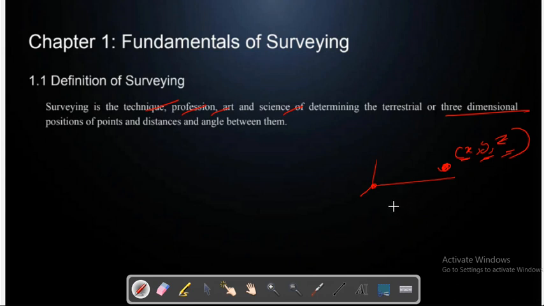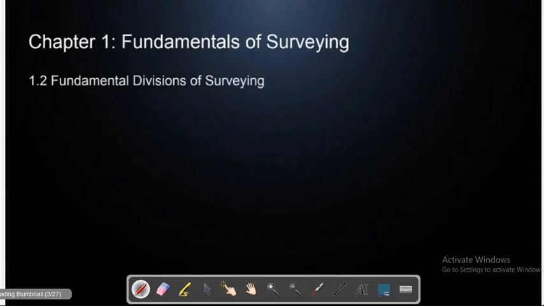So if someone gives you x, y and z coordinates, that means a three-dimensional position is given to you, right? So surveying is a technique where we can give three-dimensional positions of points, and the distance or angle between them.